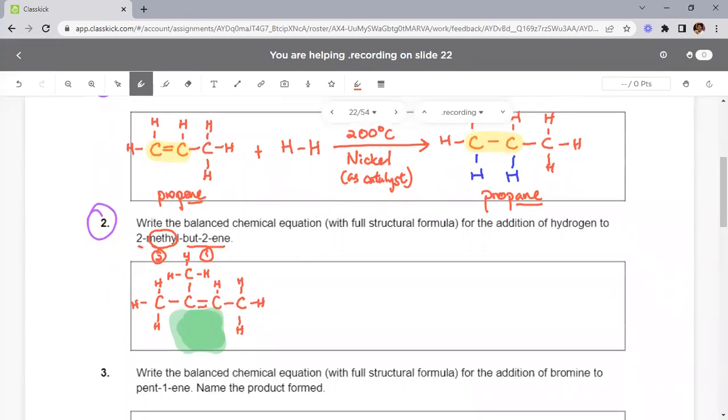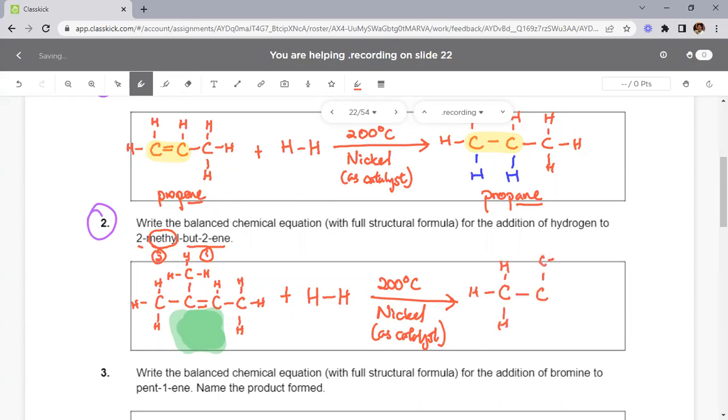Next one, so I got this 2-methyl-butene. I'll let it undergo hydrogenation. Okay, so once again, my arrow, I need to have that 200 degrees Celsius, nickel as my catalyst. So what I'm going to get, I'm going to add to the bottom. So I'm going to draw my main structure again.